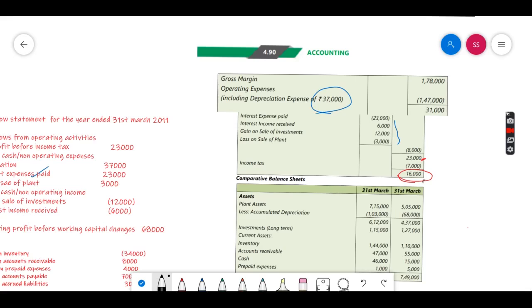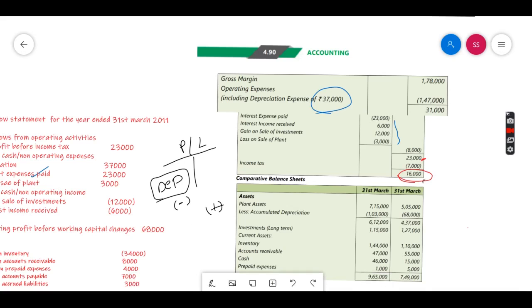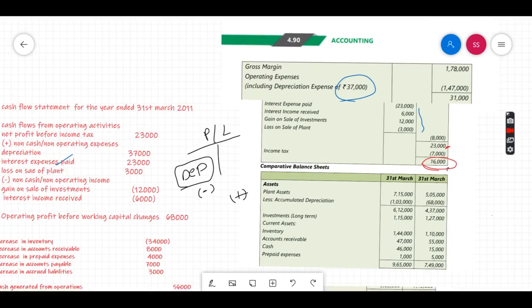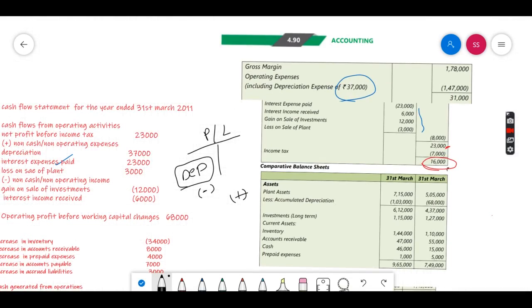Now depreciation is a non-cash item. In the P&L account you might have debited it, which means you deducted it, but because of this item no cash is going out, so we need to add it back. We add back the depreciation, which is 37,000, under non-cash non-operating expenses.